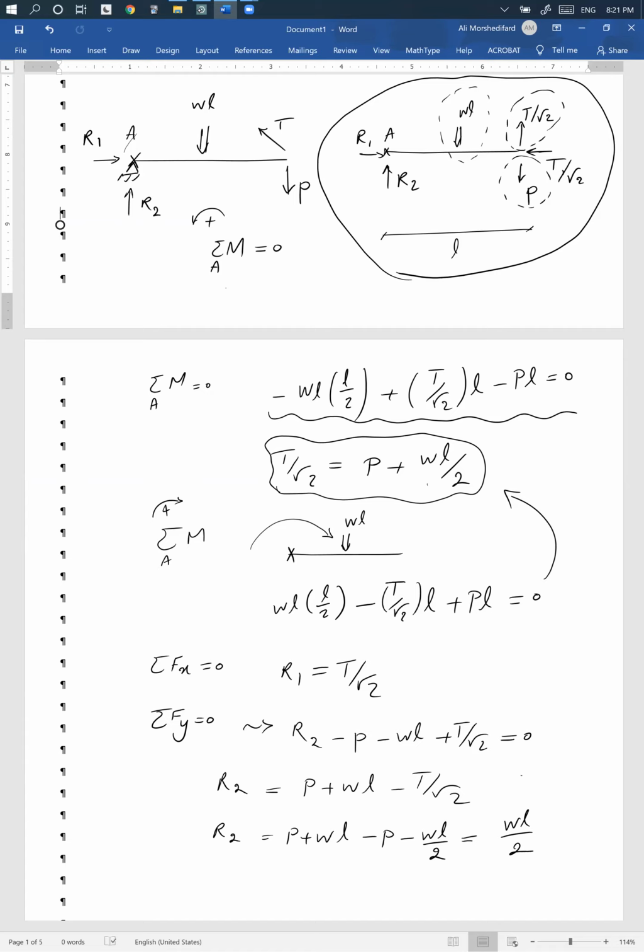Again, we can consult our feelings a little bit. If you have this beam here, you expect the component here to be half of this WL. That's what's happening here. This is WL/2. So that's it. We have all the reactions, so we are done with step 0.